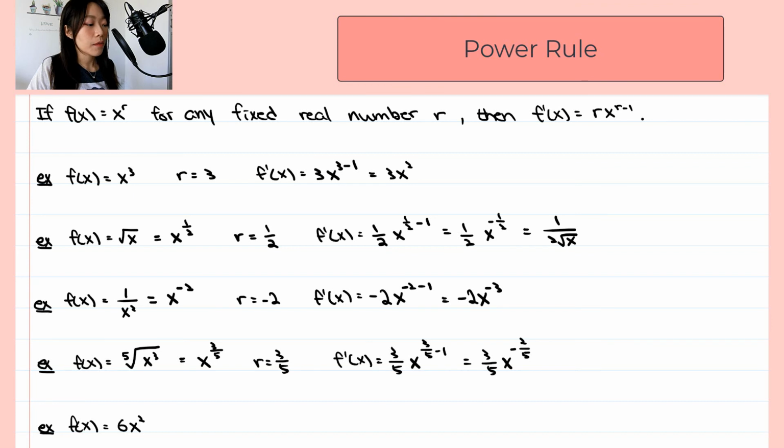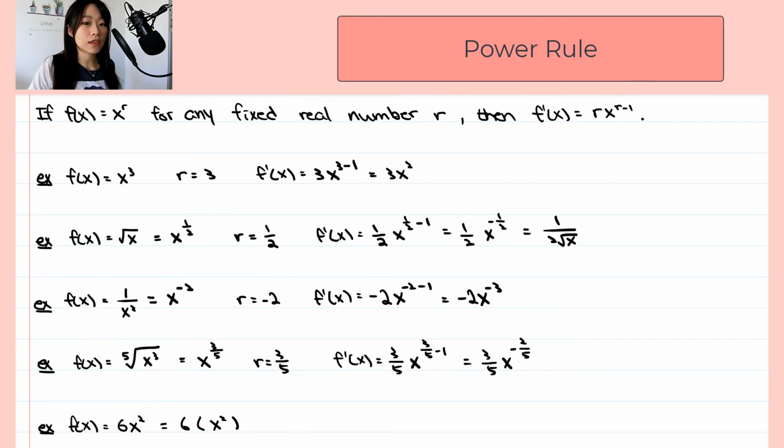And then the last example, we have 6x squared. But we want the form of x to the power of r. So let's rewrite this as 6 times x squared. And if we have a constant in front of a function, then its derivative will simply equal the constant times the derivative of the function.